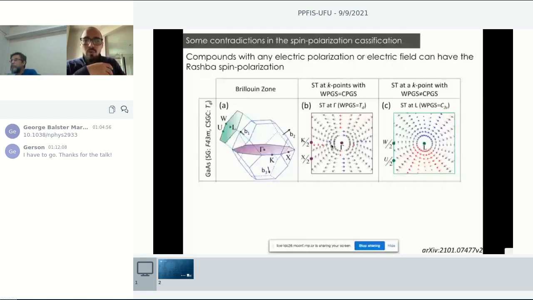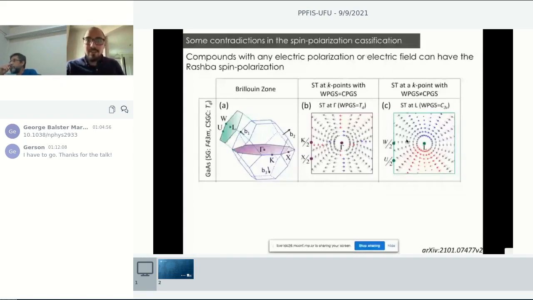But when we go to other points, for instance, this green plane here that corresponds with the L point in gallium arsenide, what we see, now in figure C, you can see here, is that the spin texture looks like Rashba, okay? Looks like a spin texture that is always perpendicular to the wave vector.